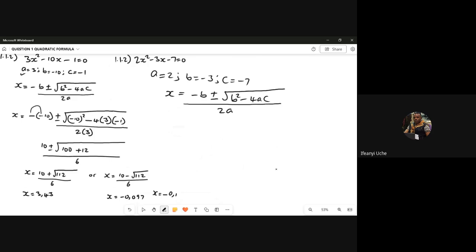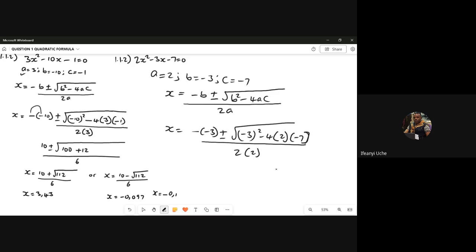In this case, we still have b to be negative. So we have x here equals negative, then negative 3, plus minus, we have negative 3 also squared minus 4, then we have our 2, then we have our negative 7, all over 2 and then 2.